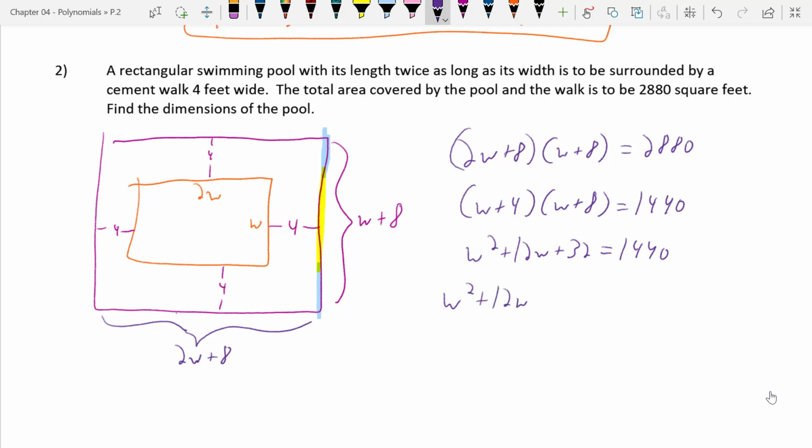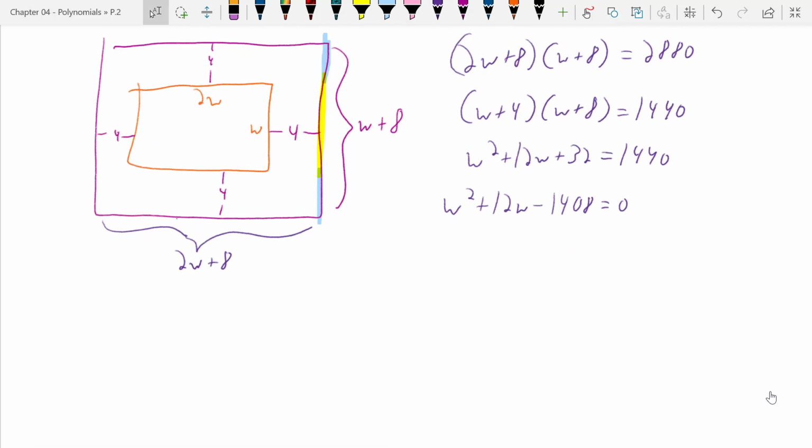or W squared plus 12W minus 1408 equals 0. So we now have to split up 1408 and just do our best to break this up into factors that are somewhat close to each other, 12 apart. So 1408, let's divide that by 4. Actually, I'm just going to divide it by 2 twice.